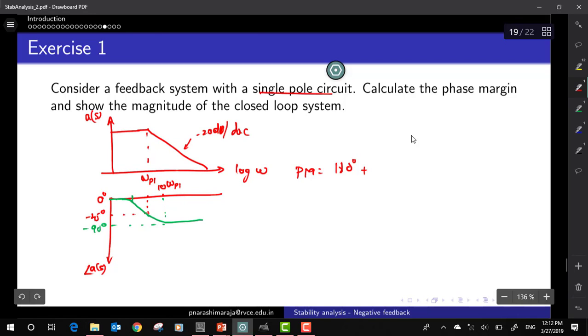What I have plotted is my open loop system. Anyhow that doesn't matter, because beta is not inducing any kind of phase value, so I can look at this particular phase itself.